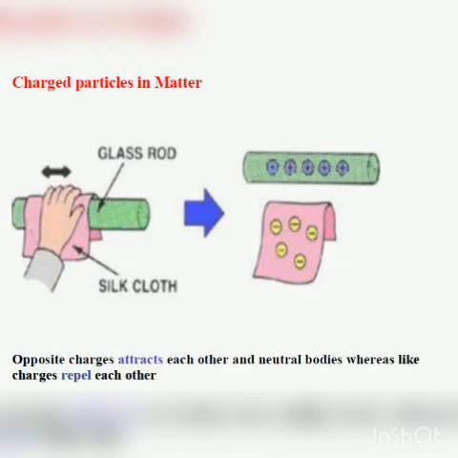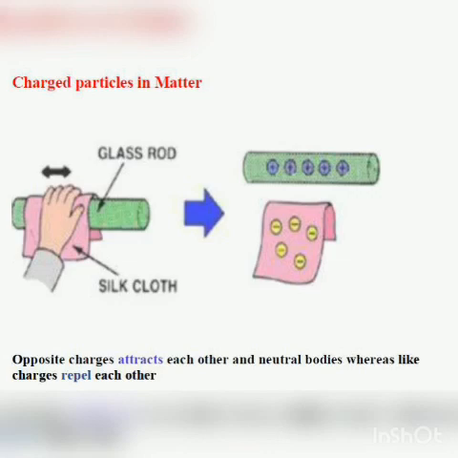Now you take the glass rod and the silk cloth. Rub the silk cloth with the glass rod as shown in the picture. After that, bring this glass rod close to the inflated balloon. You will find that the balloon gets attracted towards the glass rod, or it moves towards the glass rod.